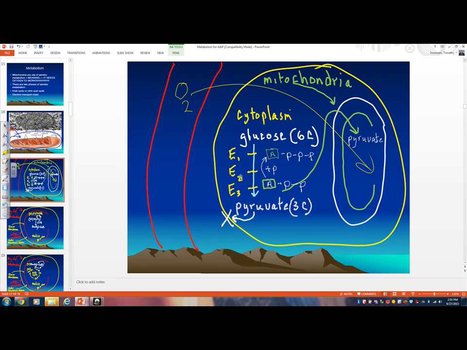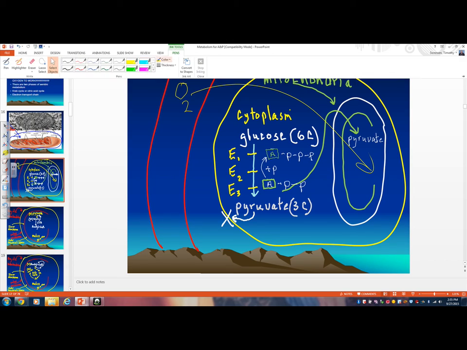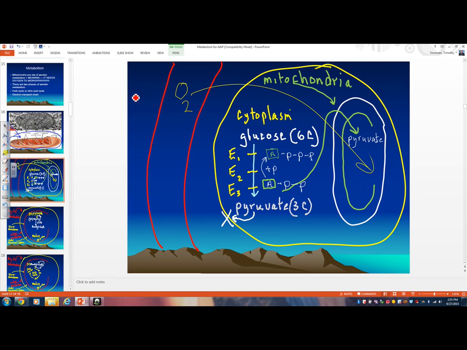In this case, it's enough to take ADP, adenosine diphosphate, pop on that third phosphate to recycle ADP into adenosine triphosphate, ATP. And that's exactly what you want to do. However, when you break those chemical bonds, it's not glucose anymore. It's this molecule called pyruvate, and pyruvate is a 3-carbon compound.